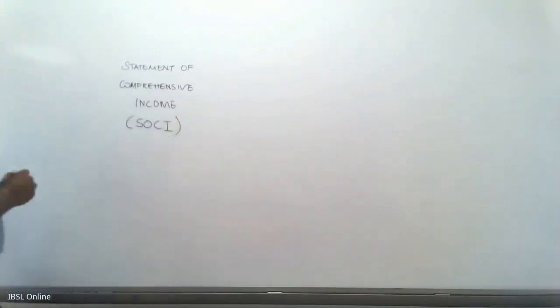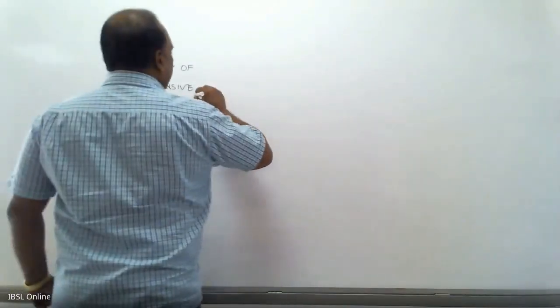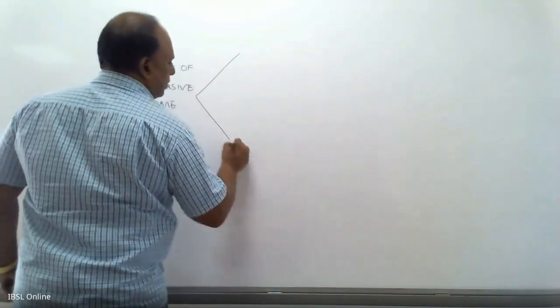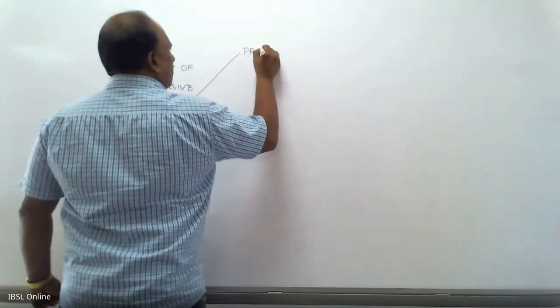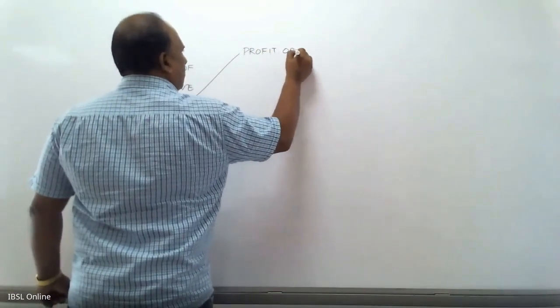In short form, we call it SOCI, statement of comprehensive income. Now, the statement of comprehensive income has two components. One is profit or loss.